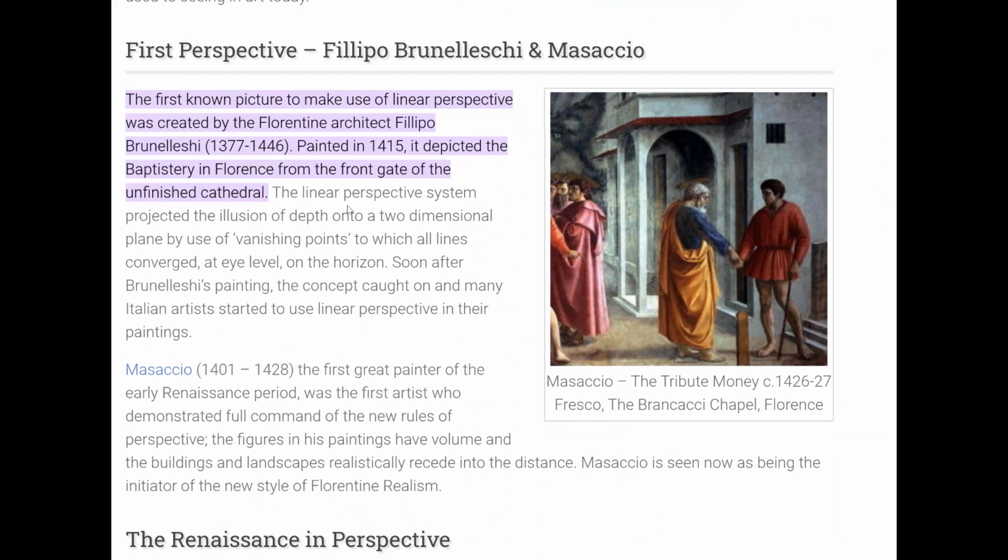The linear perspective system projected the illusion of depth onto a two-dimensional plane by the use of vanishing points, to which all lines converged at eye level on the horizon. Soon after Brunelleschi's paintings, the concept caught on and many Italian artists started to use linear perspective in their paintings.